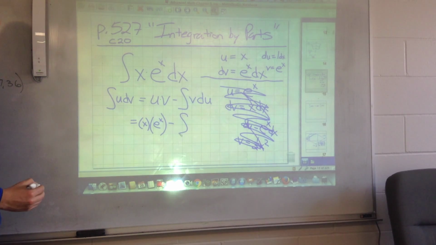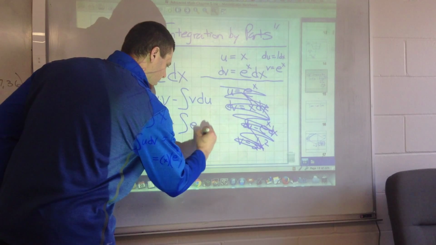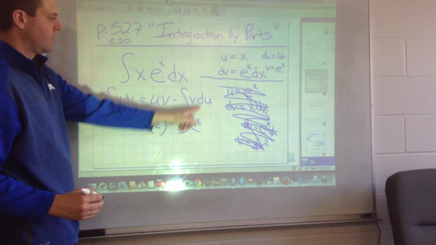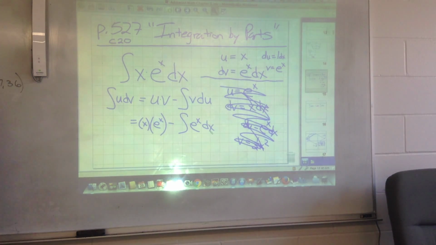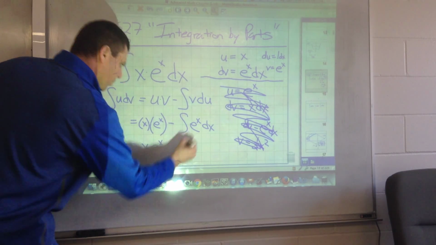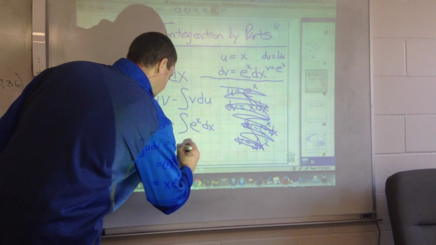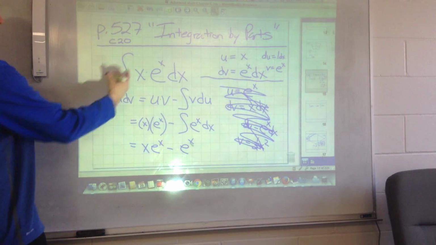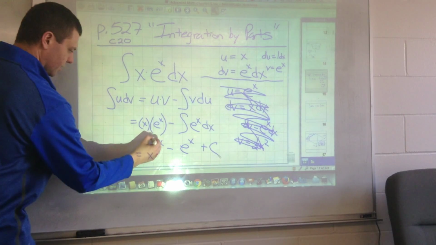Minus the antiderivative of v, e to the x, du, dx. What's the antiderivative of e to the x? e to the x. Okay? And then keep in mind we were doing an indefinite integral at the very beginning. So plus c.